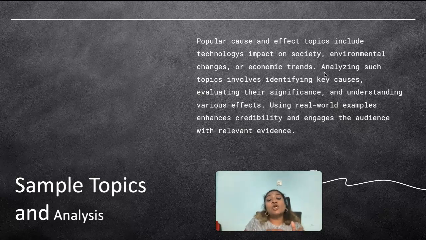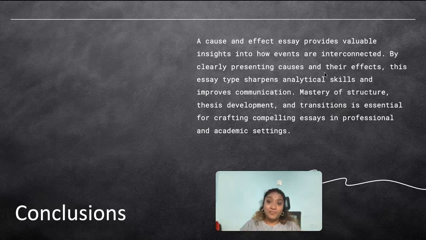There are many topics in relation to the cause and effect essay, for example, technology's impact on society or environmental changes. These are some common topics that are very much related. When you are talking about causes and effects, you want to include real world examples. When you use real world examples, it enhances credibility and allows your reader to be connected to you through your explanation.